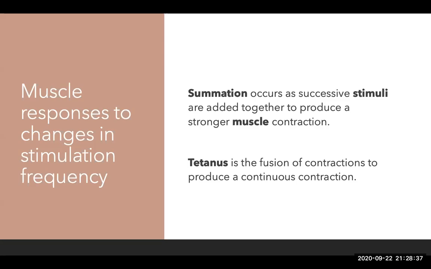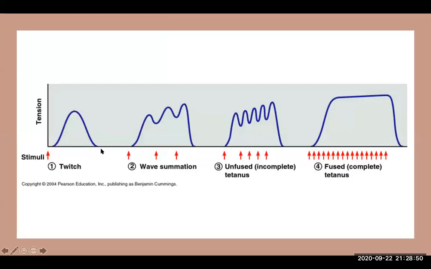We talked about summation occurs as successive stimuli are added together to produce a stronger muscle contraction, and tetanus is the fusion of contractions to produce continuous contraction. And here again is a great graph showing how one stimulus will produce one twitch, and if the stimuli are successive right on top of each other, the twitches might summate or piggyback off each other.